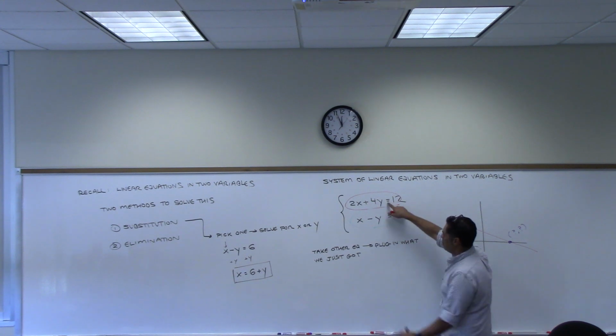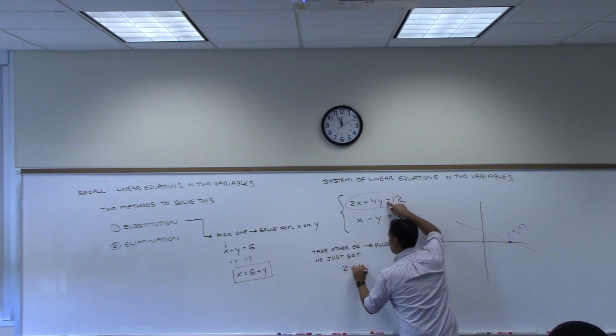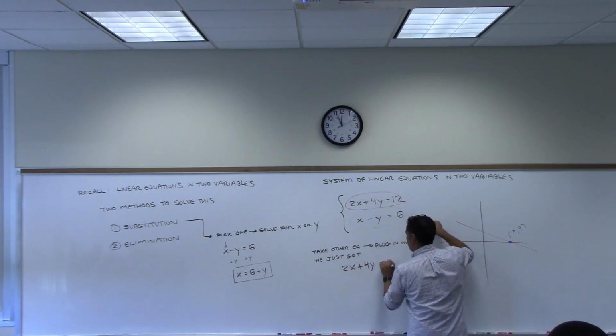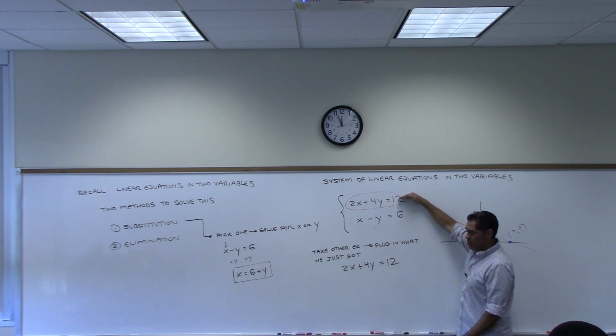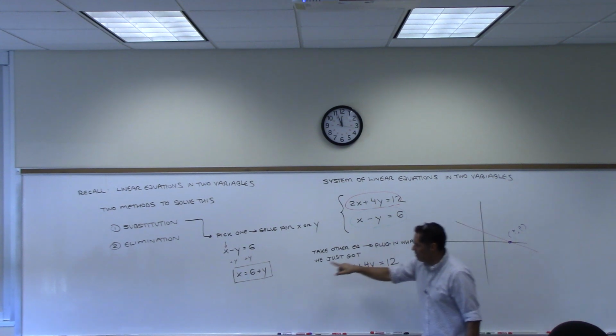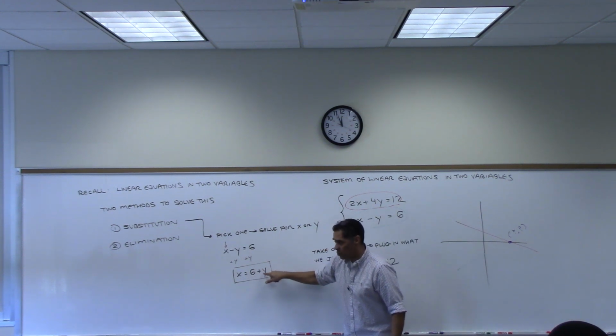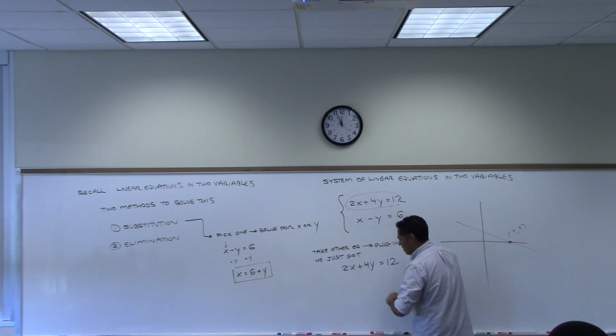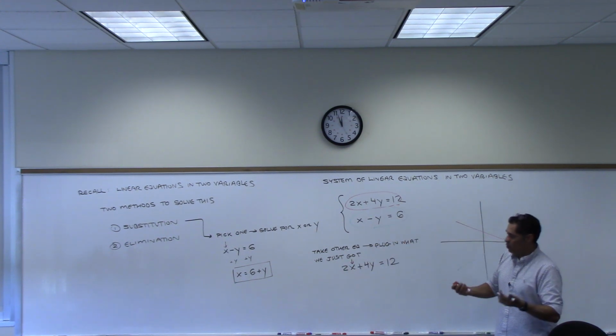So the other equation is 2x plus 4y equals 12, right? There it is. Take that other equation and plug in what we just got. Well, what did we get? x was 6 plus y. So I'm going to replace this x right here with 6 plus y.